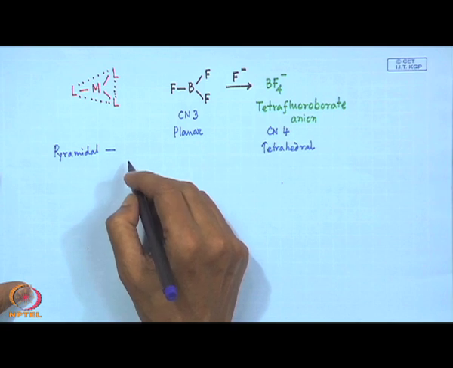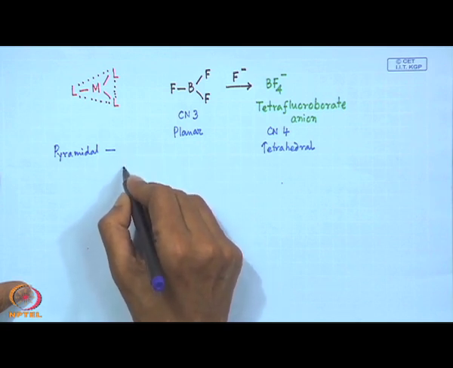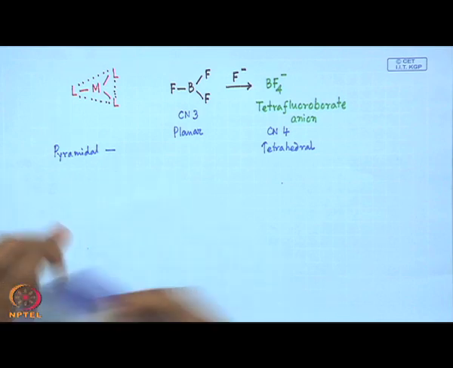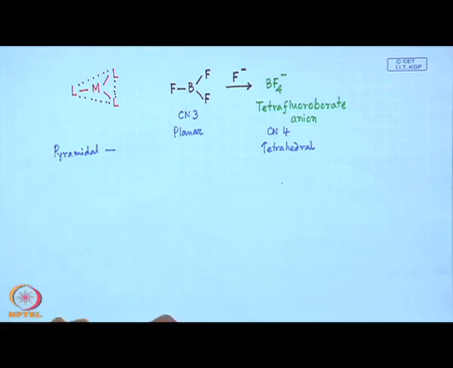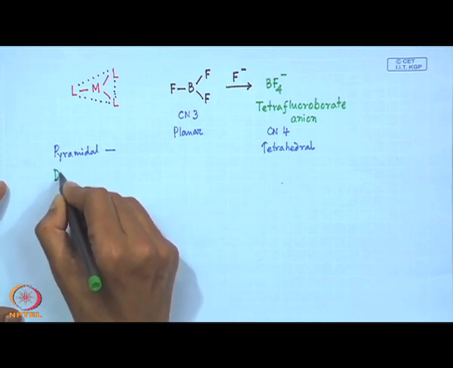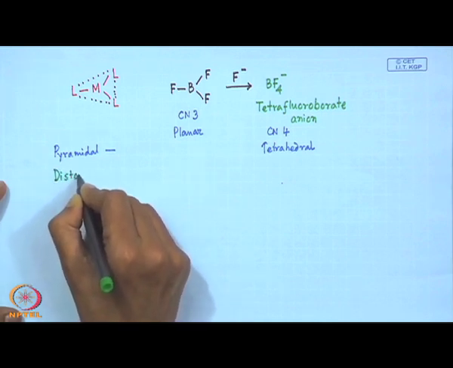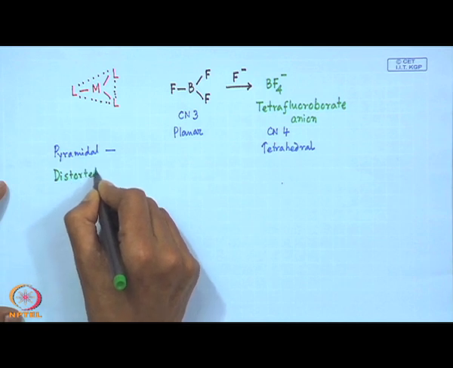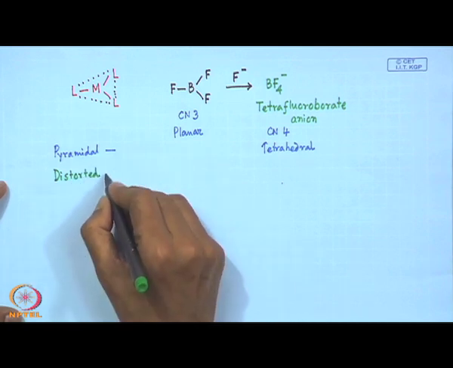So, this pyramidal geometry or some distorted equilateral triangle. Sometimes we get a typical pyramidal geometry or distorted equilateral triangle.